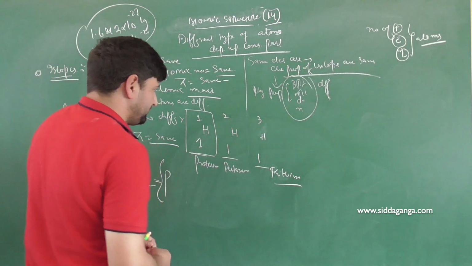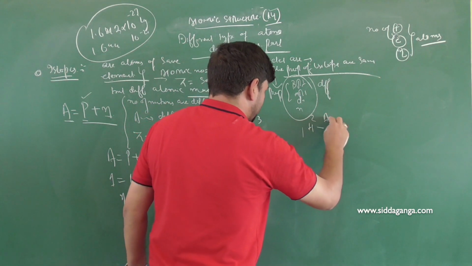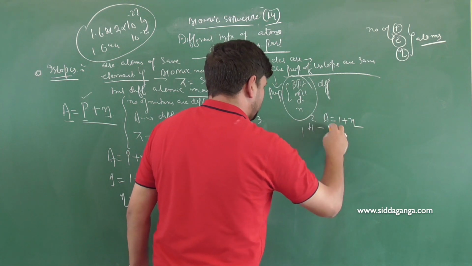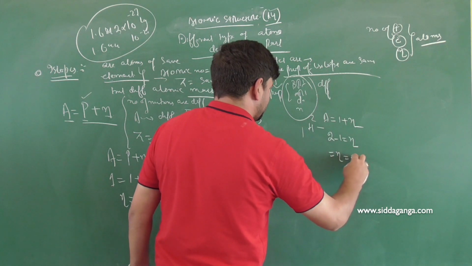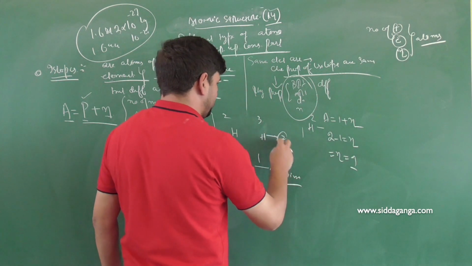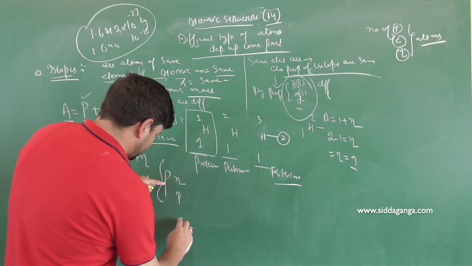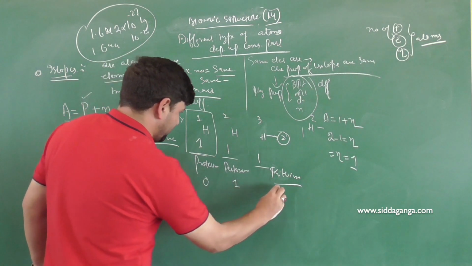Now what about deuterium, 1H2? Atomic mass is 2, so 2 minus 1 equals the number of neutrons, which is 1. And for tritium the number of neutrons will be 2. If I write neutrons, the number is 0, here 1, here 2.